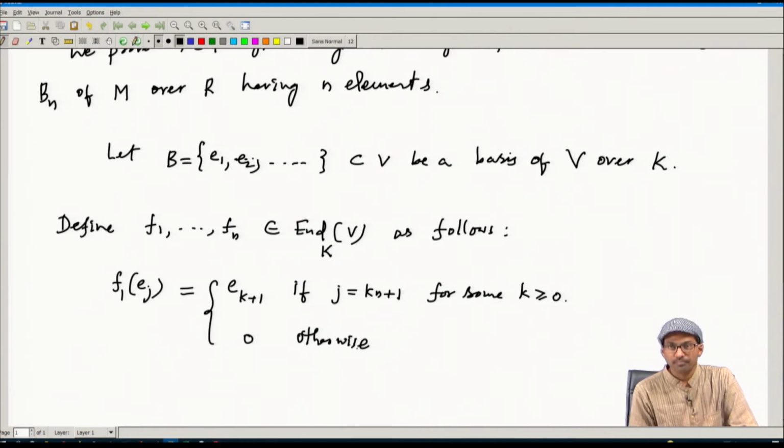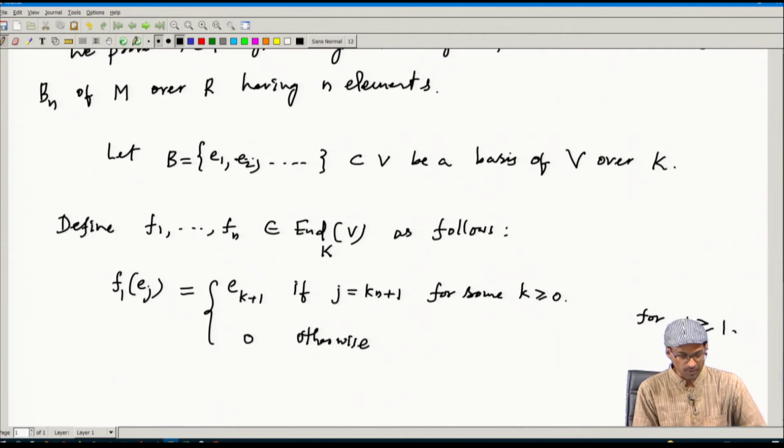To define a linear transformation on V, it is enough to prescribe its values on the basis, for every j greater than or equal to 1.